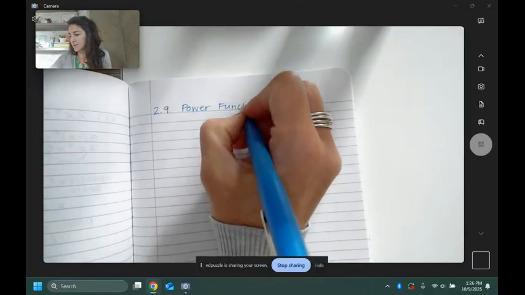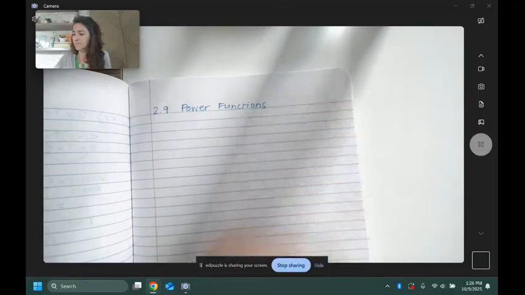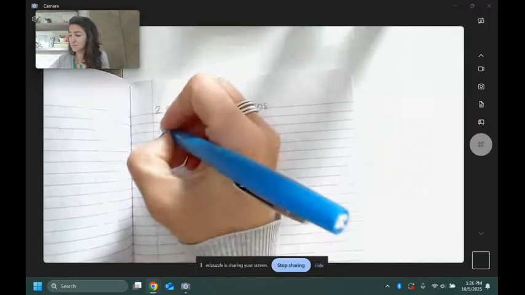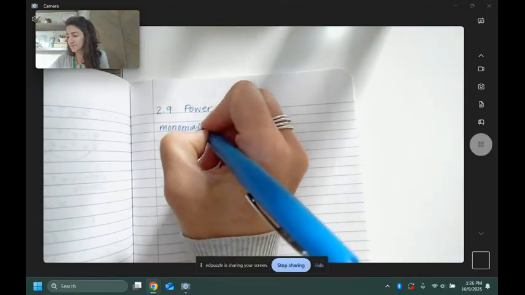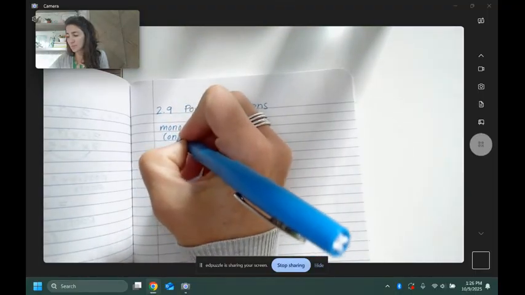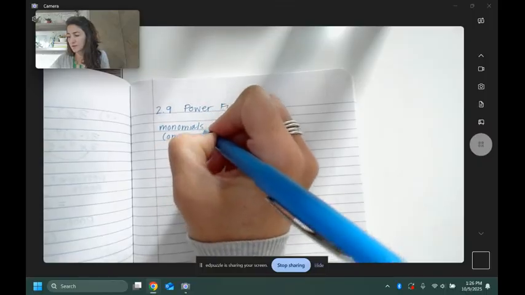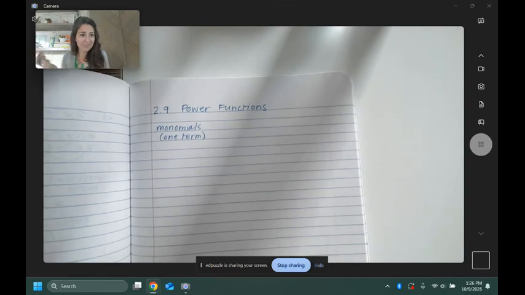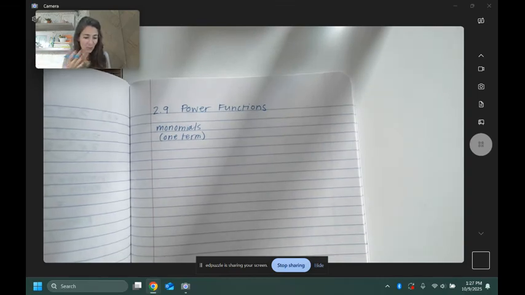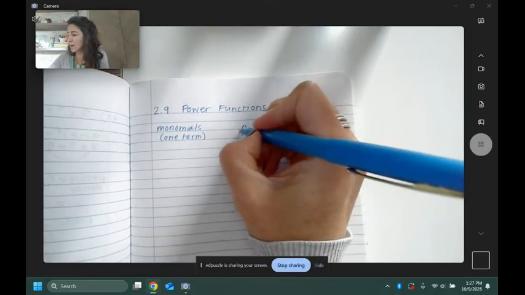Power functions. So we're going to look at, like I said, specifically monomials, which is just one term. So there's only one term, not separated by plus or minus. Your power function looks like this.